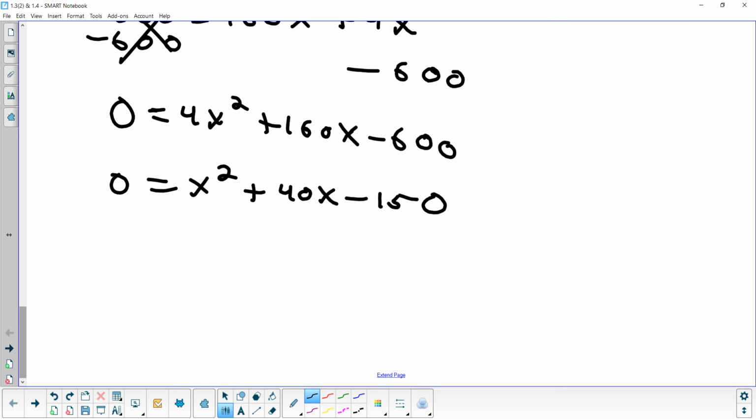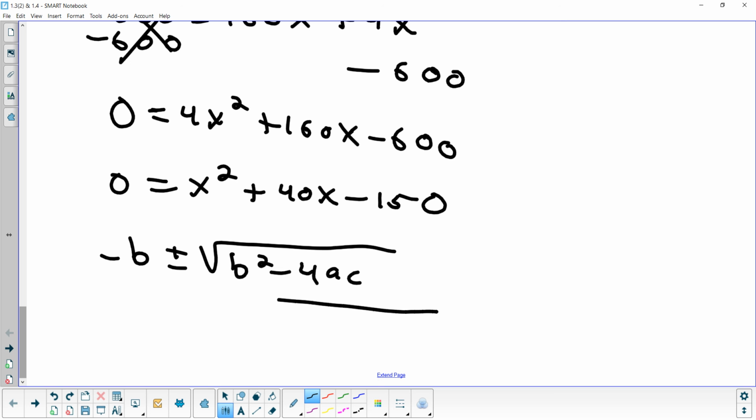Okay, now we need to use the quadratic formula. If you don't remember what that is, it's negative b plus or minus the square root of b squared minus 4ac all over 2a. Now, does anybody remember what's the a, the b, and the c?